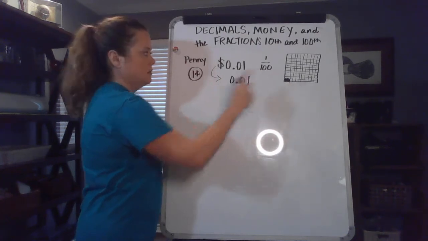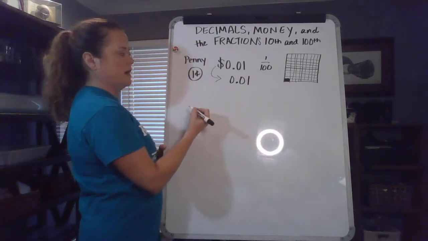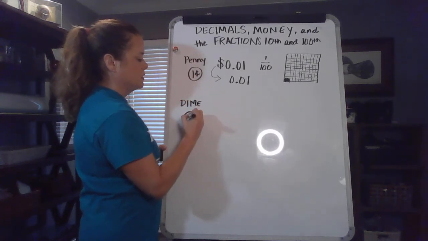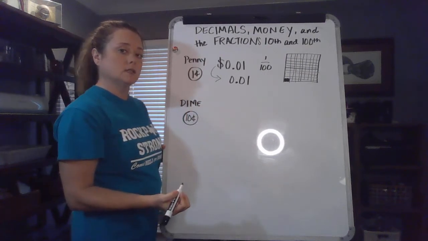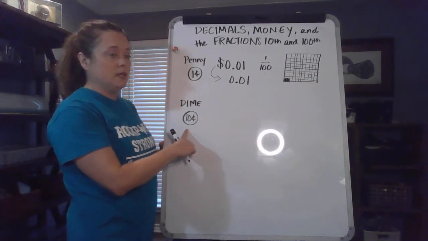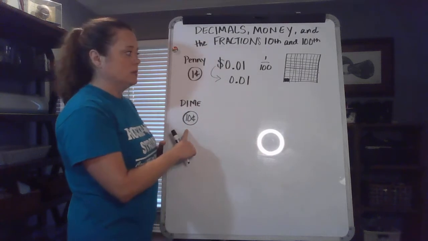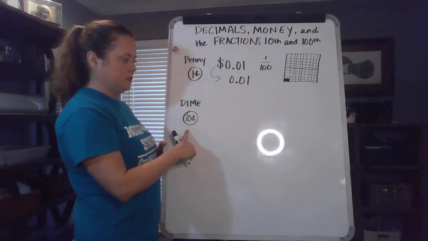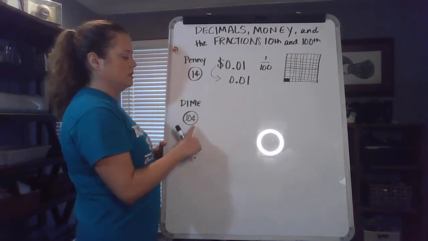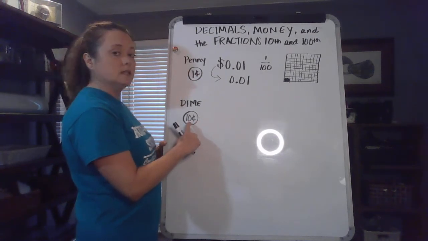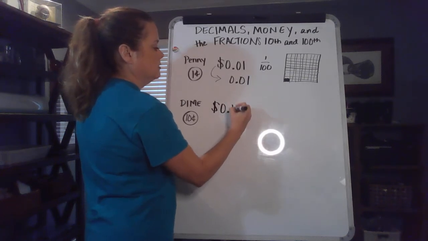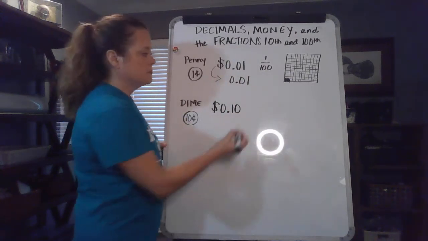Now let's talk about a dime. A dime represents 10 cents. It takes 10 dimes to make a dollar. So that would represent 1/10 of a dollar. If I write this like money, I can write it like this with no decimal, with the cent sign, or I can write it with the dollar sign and a decimal, 10 cents.